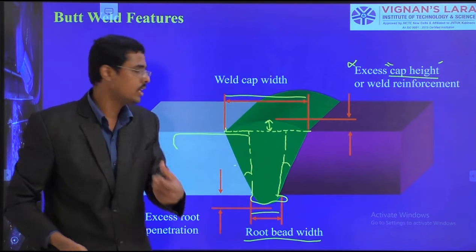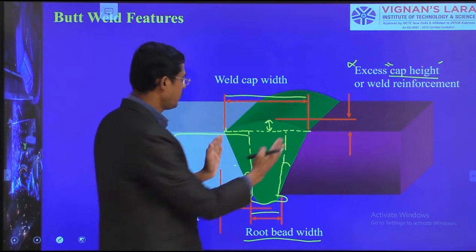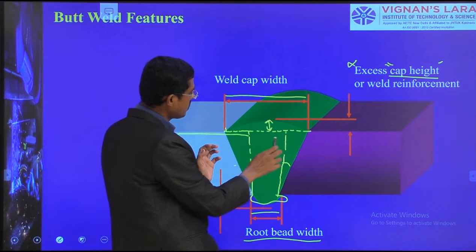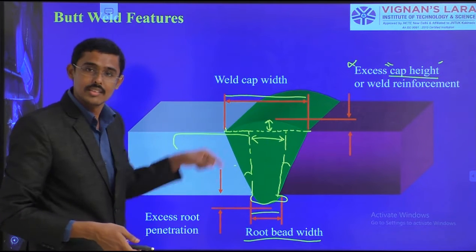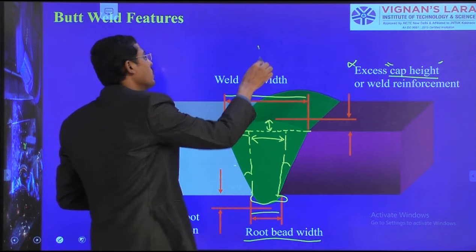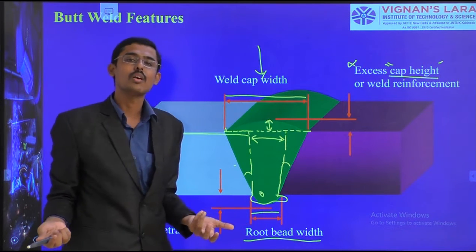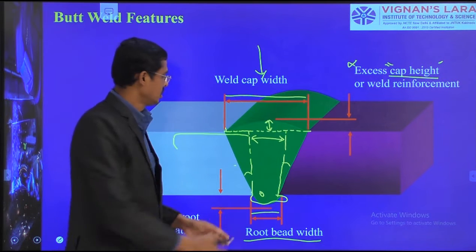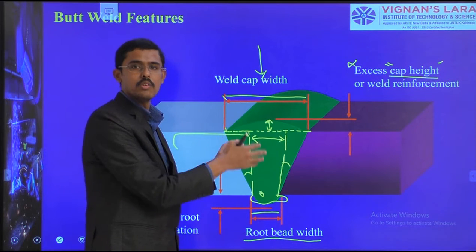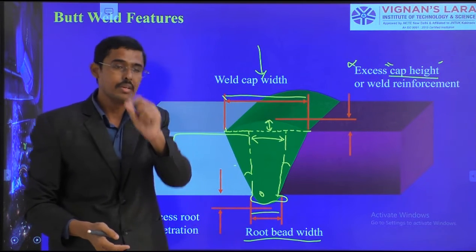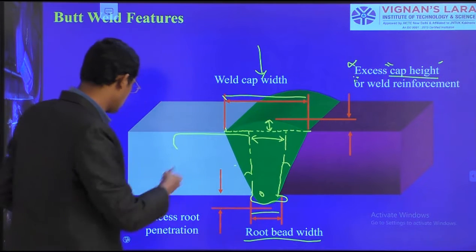This all together forms this weld cap width. If you are not giving the weld cap width like this, then the electrode will not go down inside to the 0th point. To the 0th point it will not go. Therefore, this bevel, this V, and then the cap will form, but it should be in limit, not in excess. Okay, so these things we should name.